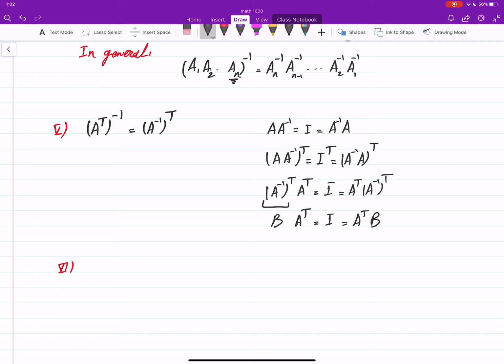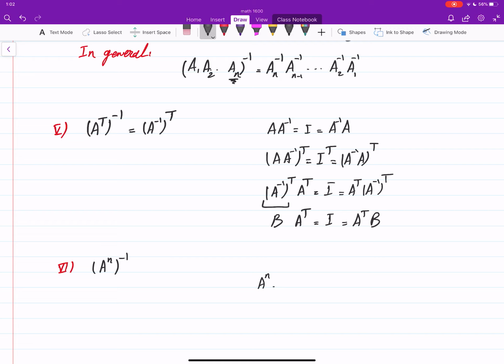show you something here. So what about if I have A, which is invertible, to the power n inverse? So A to the power n, what should I multiply to this to get identity?